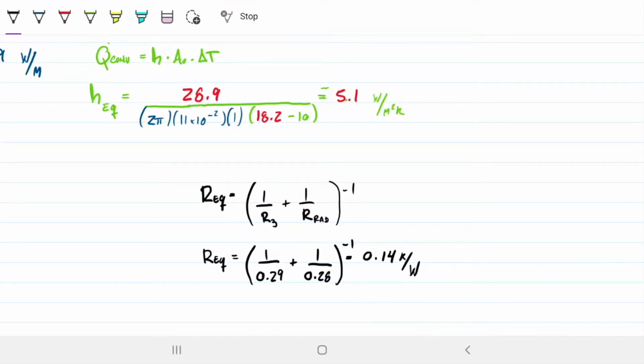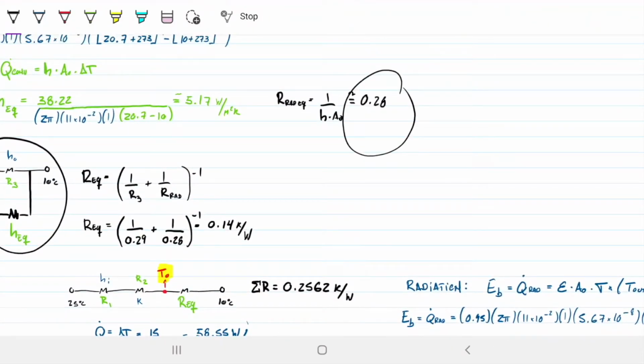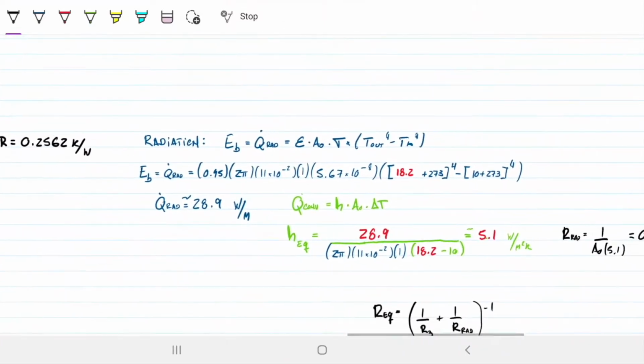If I now want the R for the radiation, it'll just be 1 over external area and the 5.1 that I found. This turns out to be about 0.28. And this is where we start to smile, because if this is 0.28 Kelvin per watt, then that means that our resistance for the radiation barely changed.